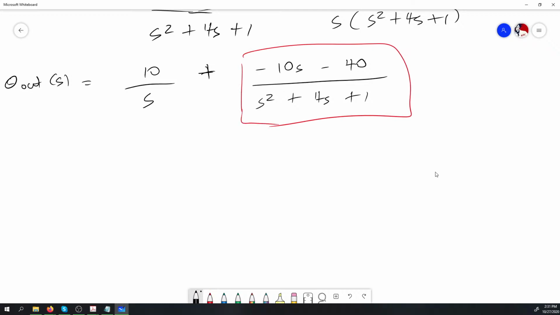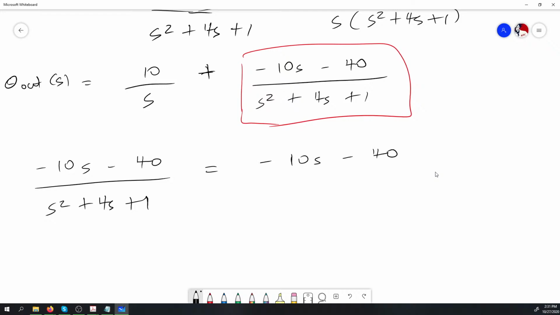So we have minus 10s minus 40 divided by s squared plus 4s plus 1, and what is it, minus 10s minus 40 into s squared plus 2s plus 4 and plus 1 minus 4.